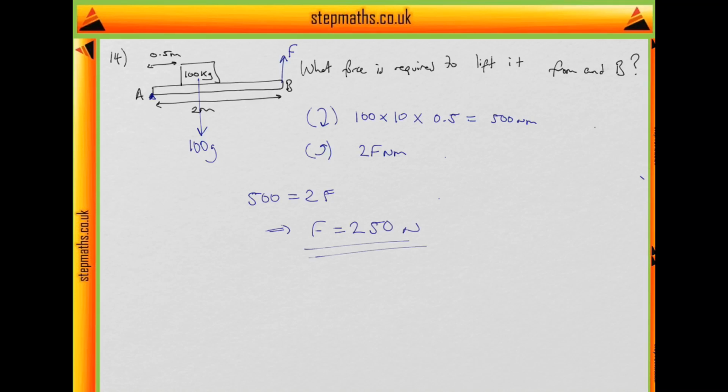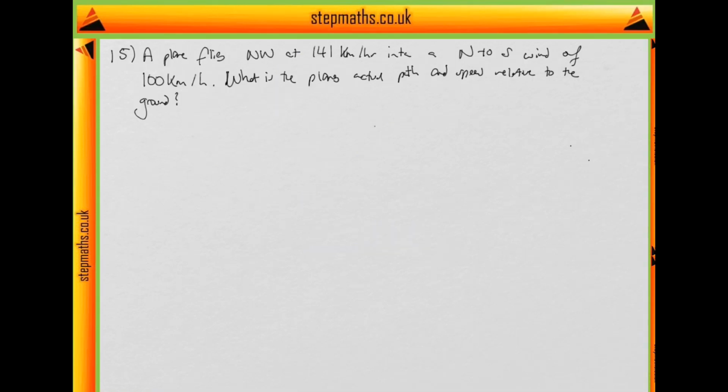So in question 15, we're told that a plane flies in the northwest direction at a speed of 141 kilometers an hour. But it flies into a wind that blows directly from north to south at a speed of 100 kilometers per hour. And we're asked to find what is the actual speed and path, so direction, that the plane goes relative to the ground.